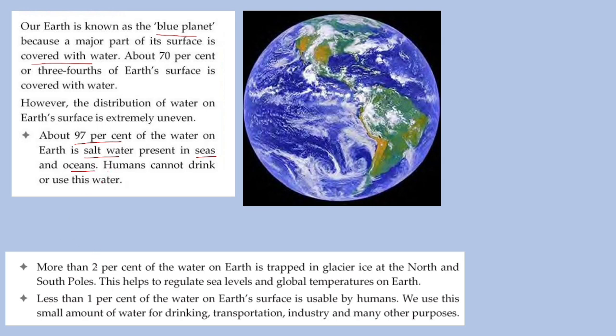The remaining 2% of the water on the earth is trapped in the form of glaciers or ice at the polar region, that is at the North Pole and South Pole. So we have the polar region located over here. In this polar region, most of the water is in the form of ice caps. The remaining 1% of the water on the earth is usable by human beings.